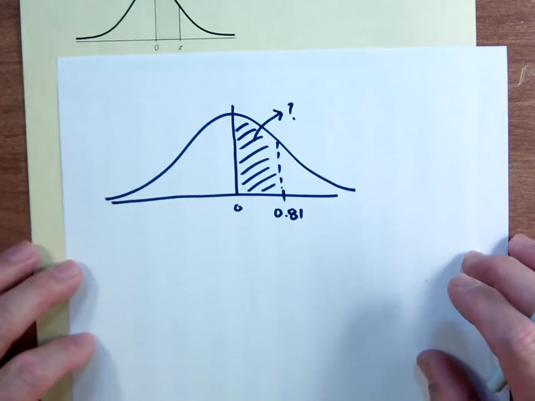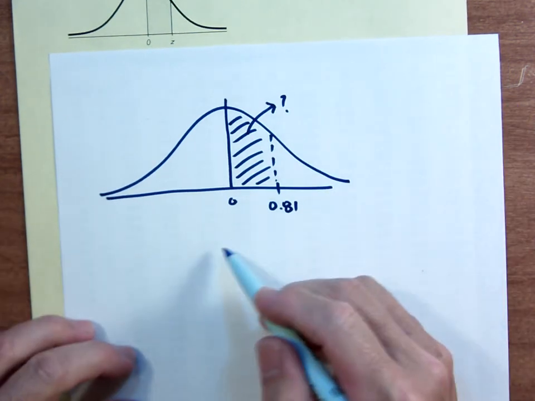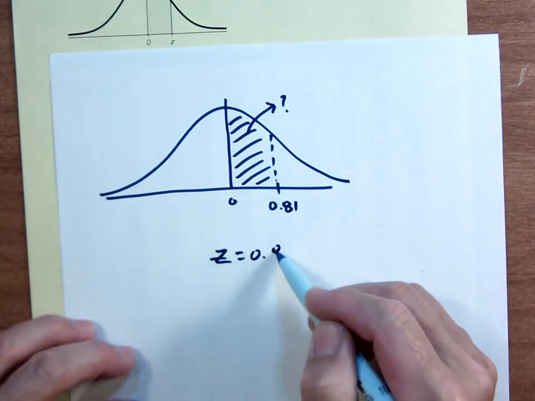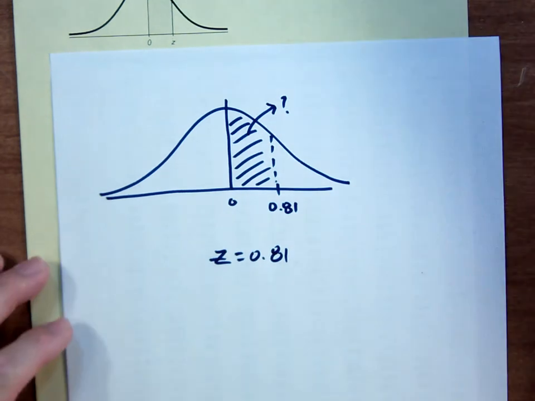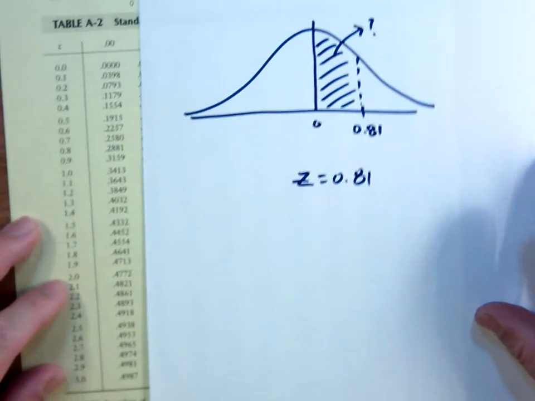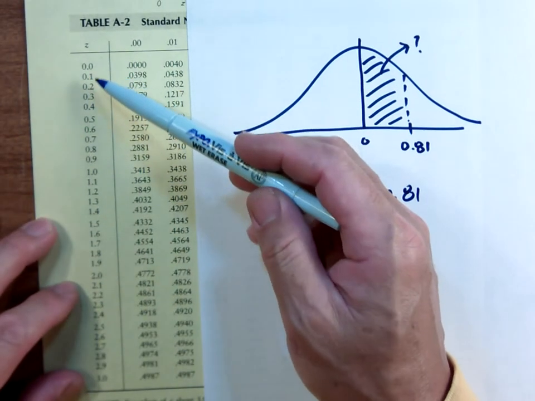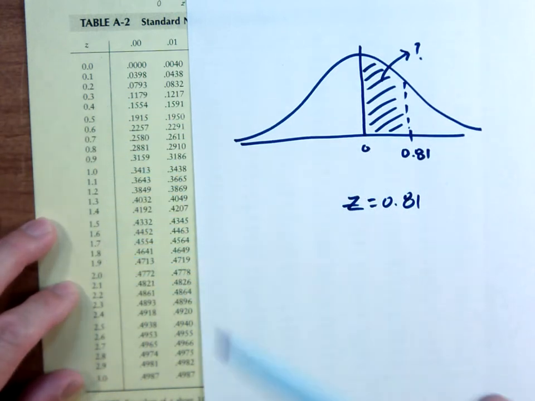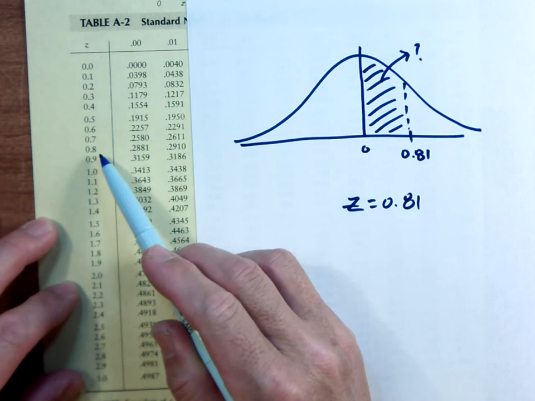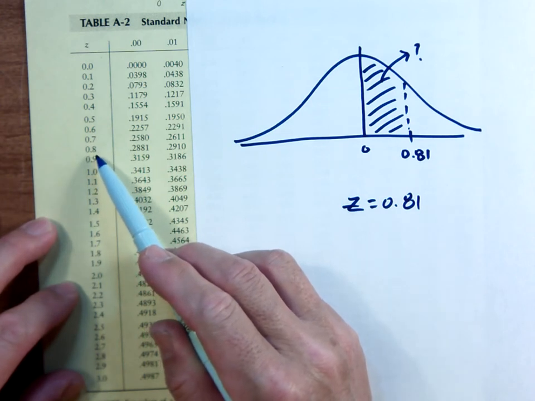So for this question, the z that I specified is 0.81, so we need to find this z in our table. To do that, look under the column z, where it gives you the decimal up to the 10th. Go to 0.8, and the 100th place for this z is 0.01.